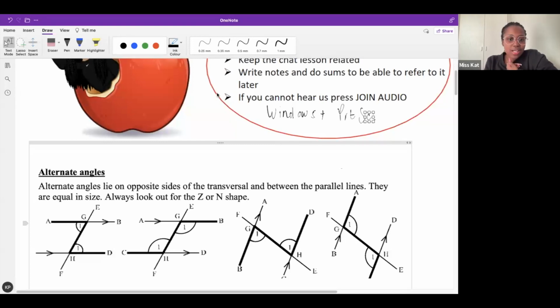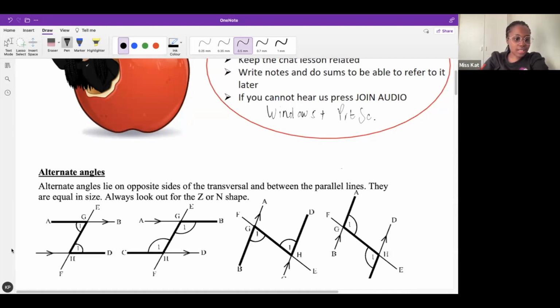What can you guys tell me about the distance between parallel lines? How far apart they are? Thank you, Tando. They are equidistant, which means they have the same distance everywhere, which is why they will never touch. Okay, so if a line, let's say line A, is parallel to line B, they are equidistant.